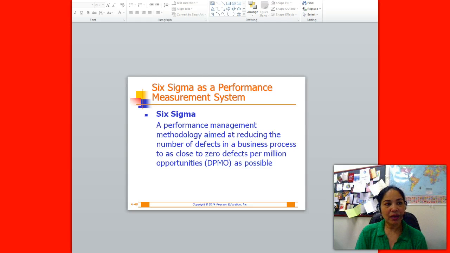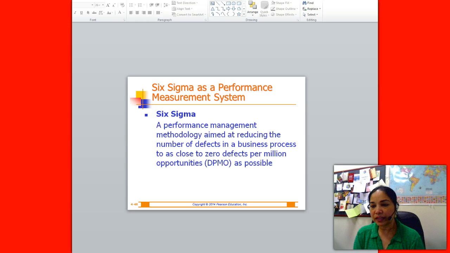Finally, Six Sigma as a performance measurement system. Most companies use Six Sigma as a process improvement methodology that enables them to scrutinize their processes, pinpoint problems, and apply remedies.